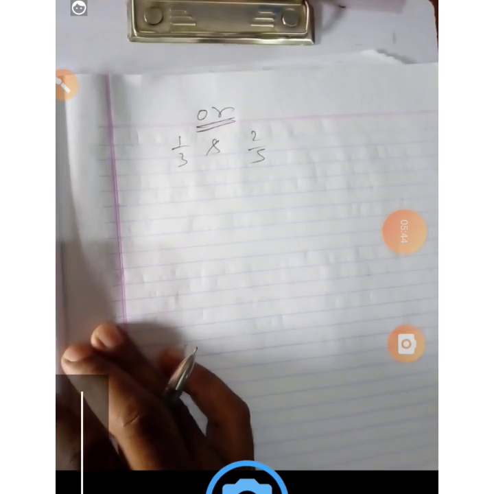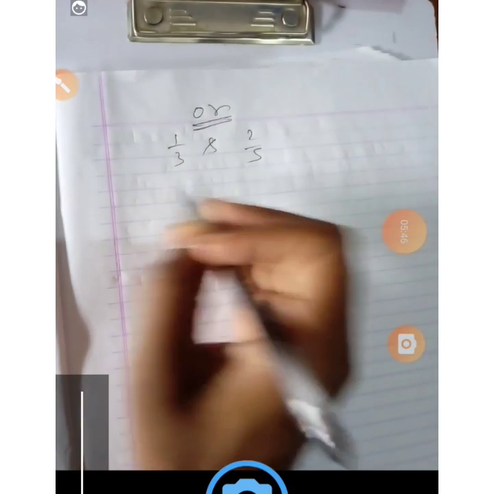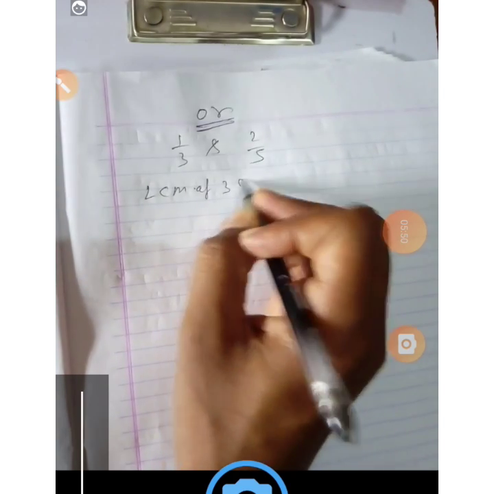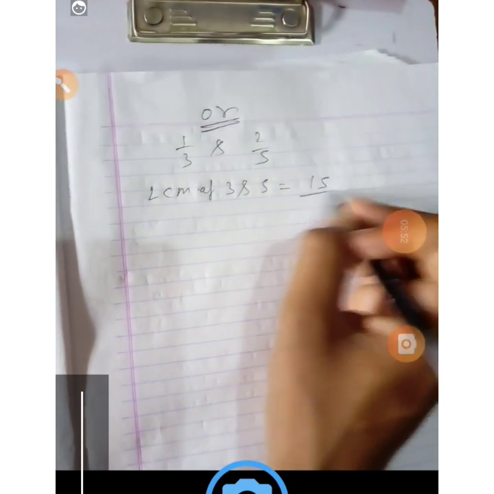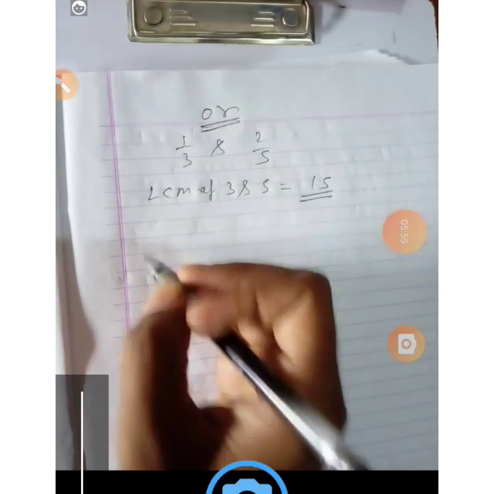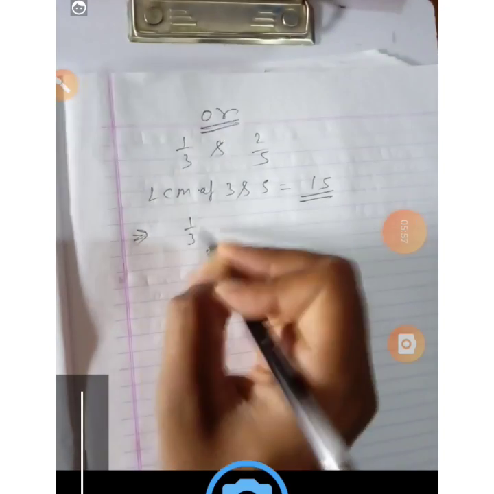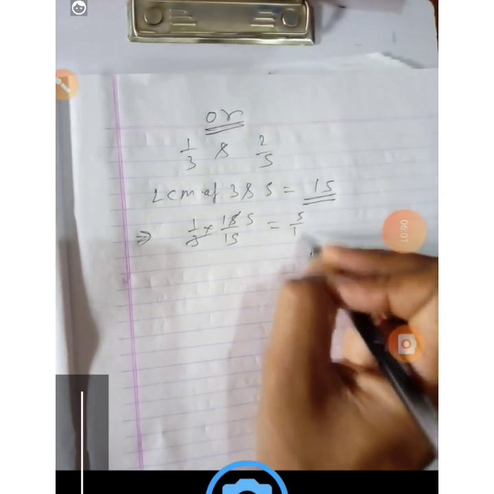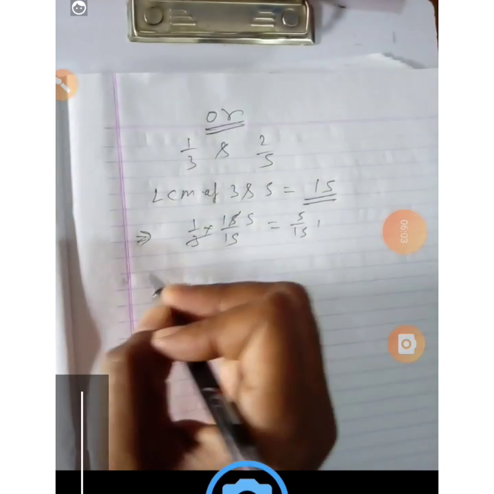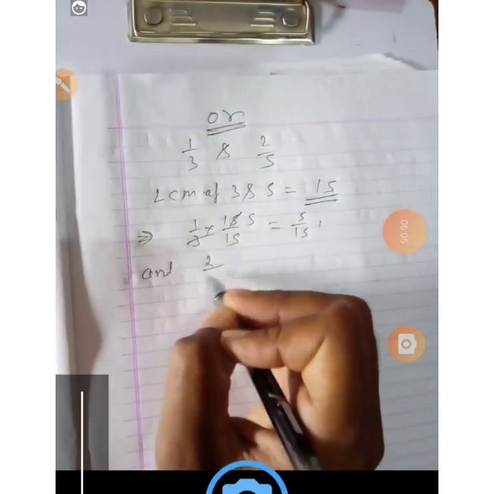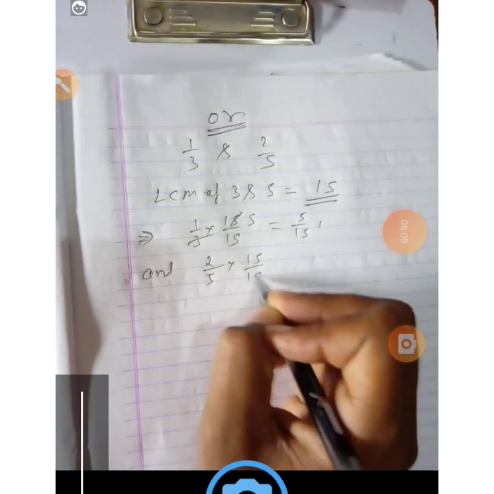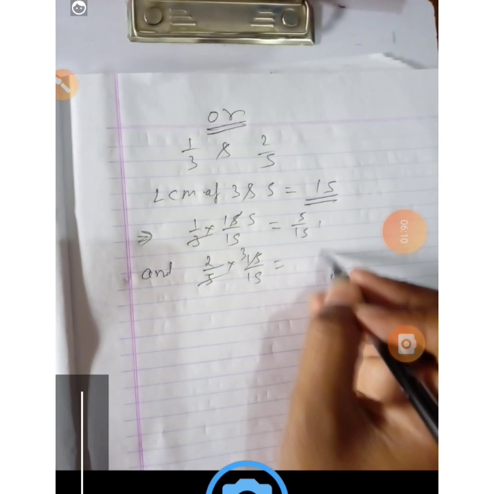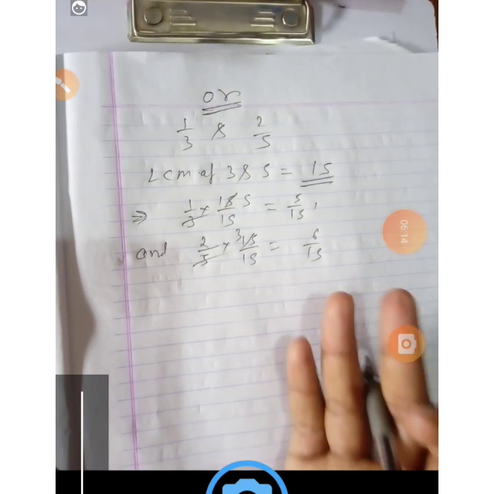First of all, we take the LCM of 3 and 5, which is 15, so we multiply by 15 by 15 on both numbers. 1 by 3 multiplied by 5 by 5 gives 5 by 15, and 2 by 5 multiplied by 3 by 3 gives 6 by 15.